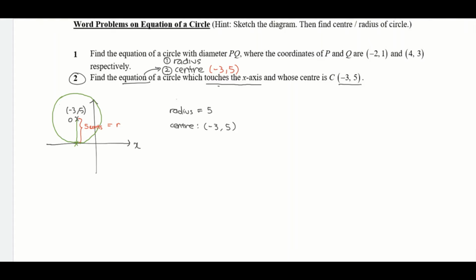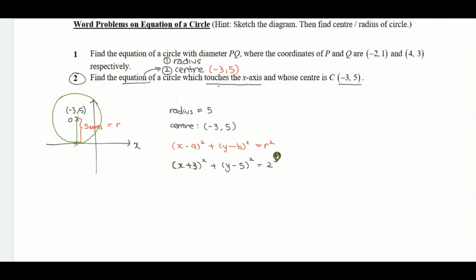Give me the standard form first. Standard form, you all know, is x minus a square plus y minus b square equals to r square. Give me this form. X plus 3 square plus y minus 5 square equals to 25.